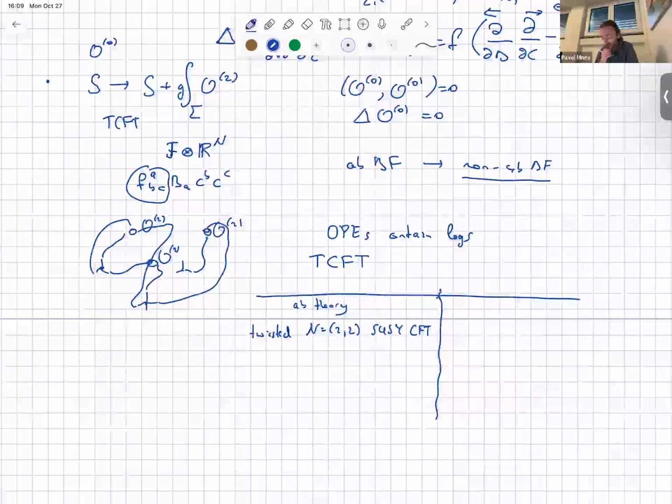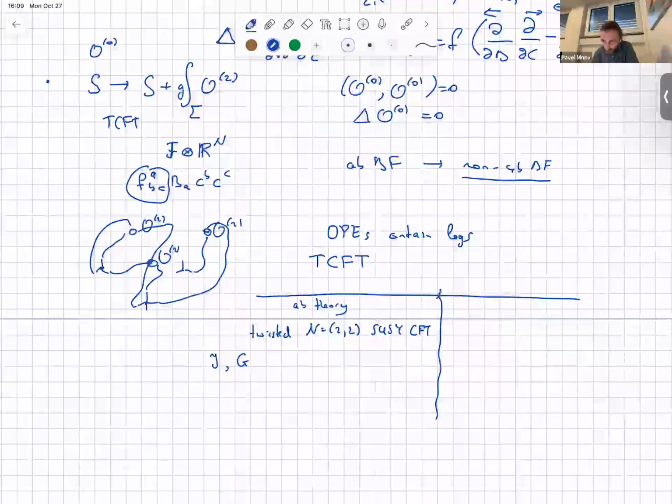And the fact is that with this J and G, you can perform a manipulation called untwisting in this case, which is a change of a stress energy tensor by an exact term. And this changes the theory in a very subtle way. The only thing it changes is the conformal weights of fields.